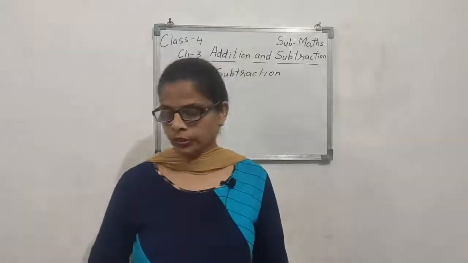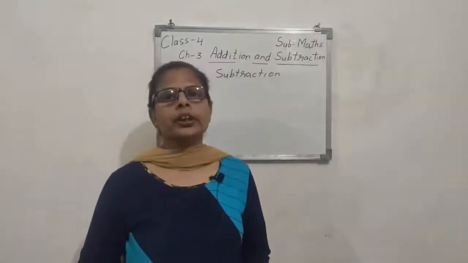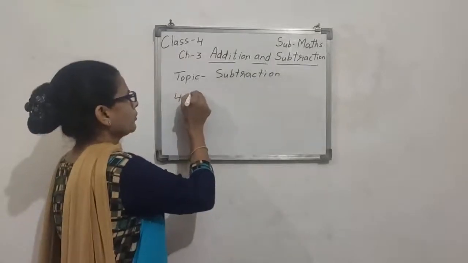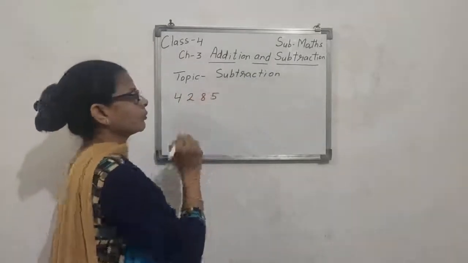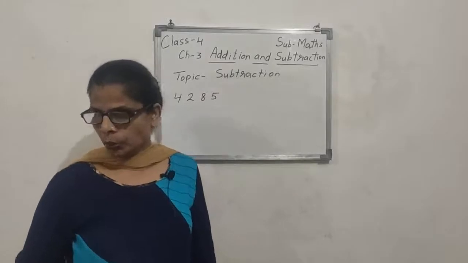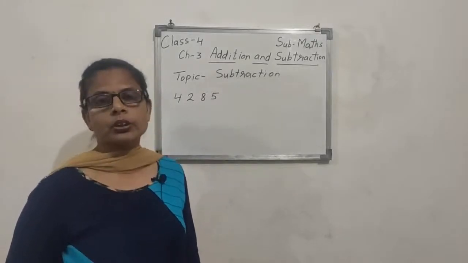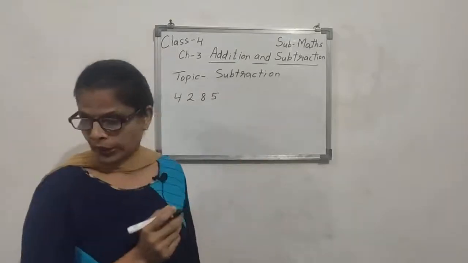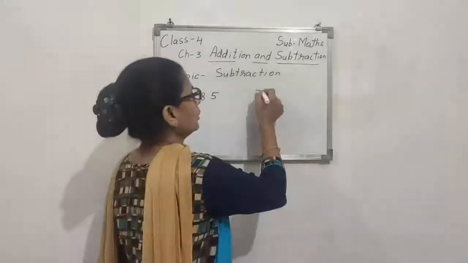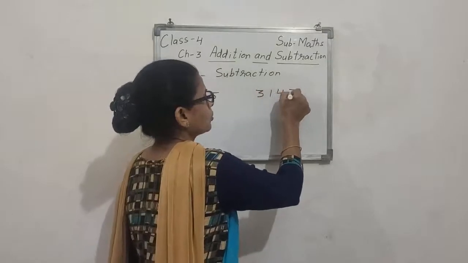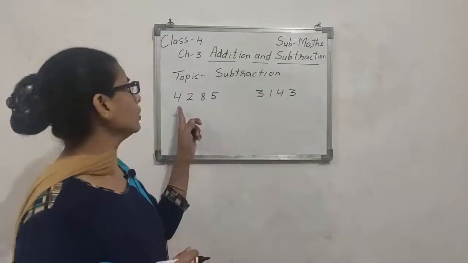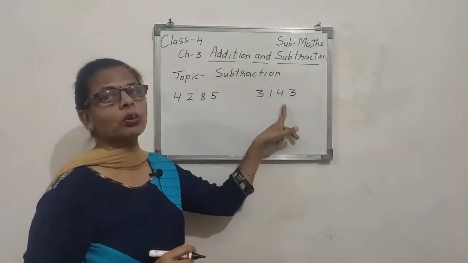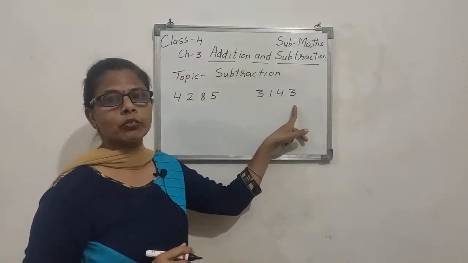Suppose you have 4,285 books, and you have given 3,143 books to your friends.